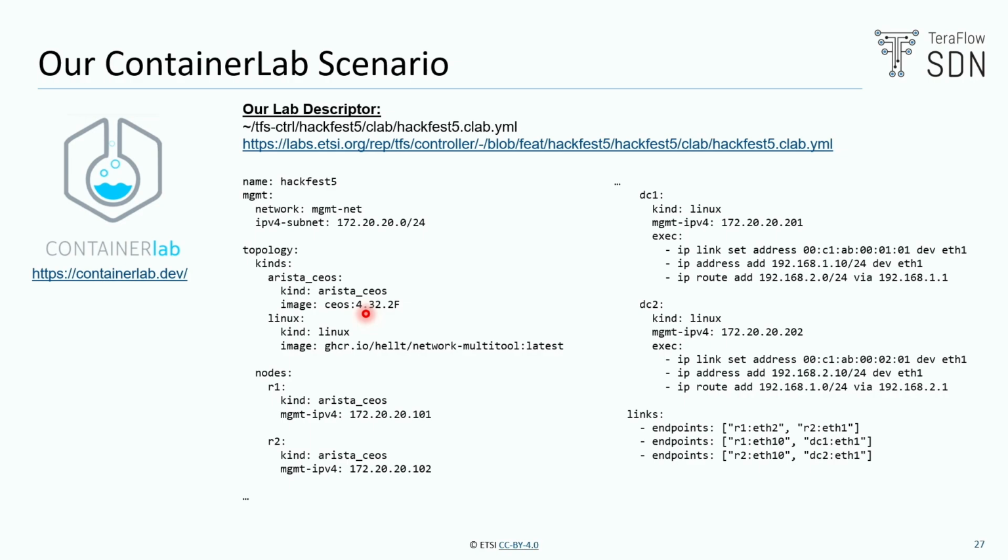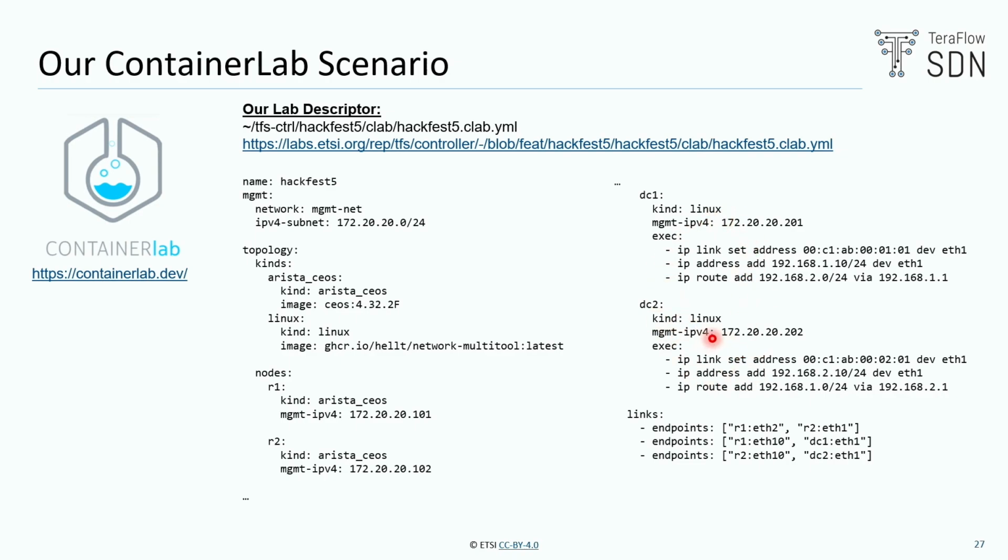The nodes, router 1 and router 2, as said, are Arista cEOS devices with this IP address used for management. And data center 1 and data center 2 are Linux clients with these IP addresses that we can use to SSH on them. And then also these two data centers have the eth1 interface that is pre-configured with a MAC address and also an IP address, and they have a static route installed on them.